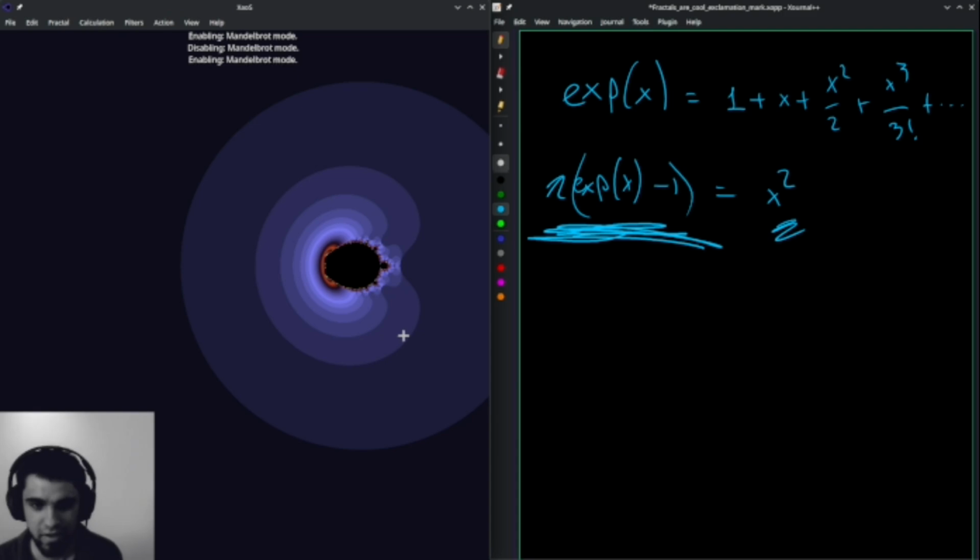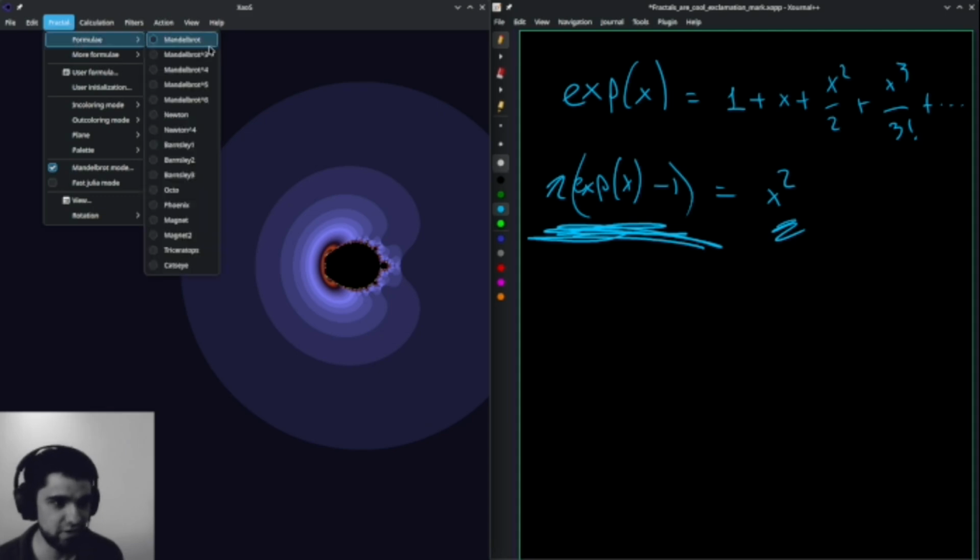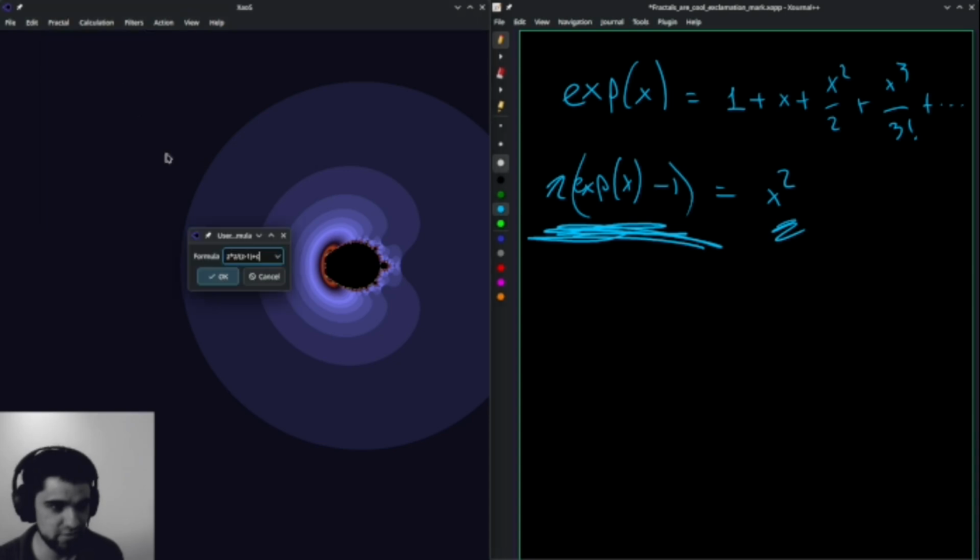Well, I think this is enough for today. I will leave you to explore fractals. There are tons of formulas that are already written, but I think the most fun thing is creating your own formulas. I will just leave you with one last formula, which is my current secret formula, which is z squared minus p squared plus c.